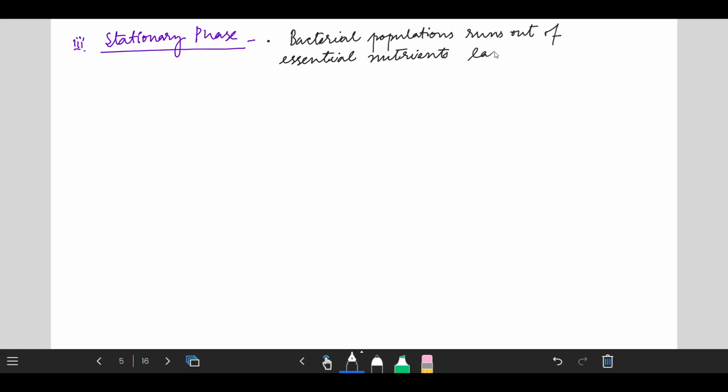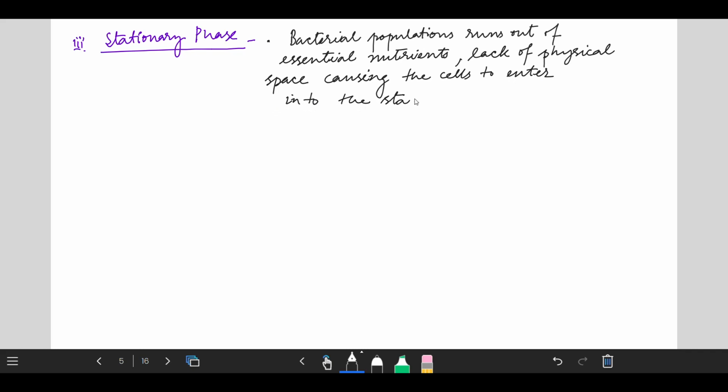That's why lack of physical space causes the cells to enter into the stationary phase.